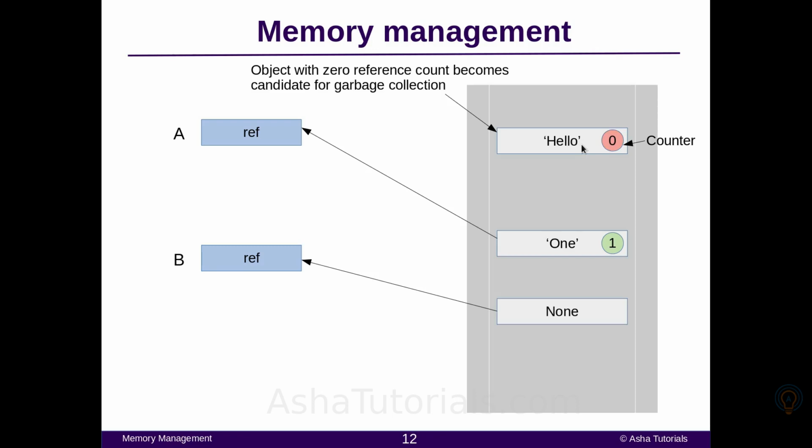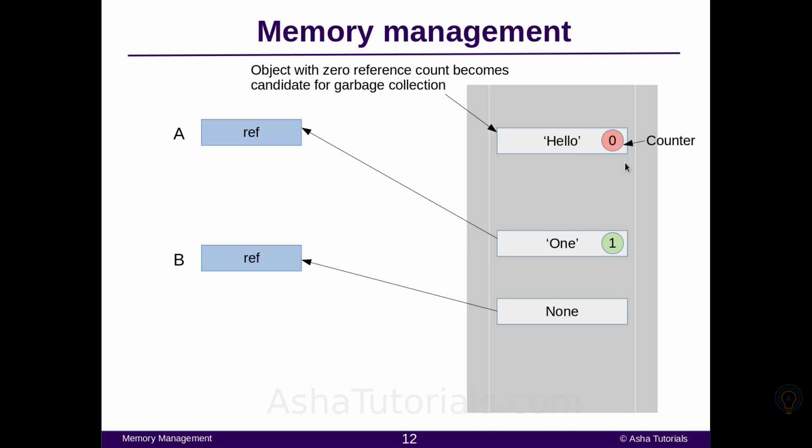Now when no variable has a reference to that object, the counter will have value 0. So when the counter value becomes 0, it becomes a candidate for garbage collection.